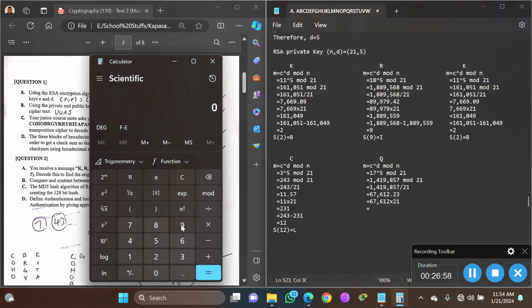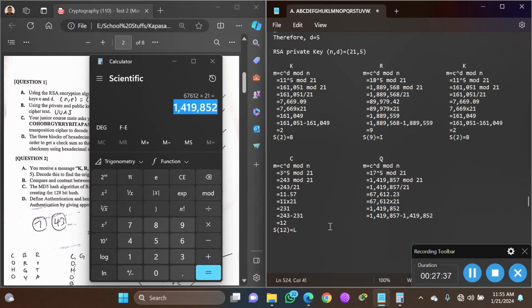Okay, so we have 6, 7, 6, 1, 2 times 21, which is this. Okay, copy, paste. Then we need to get that answer after the power, then we subtract it from this, which is the answer we had last.